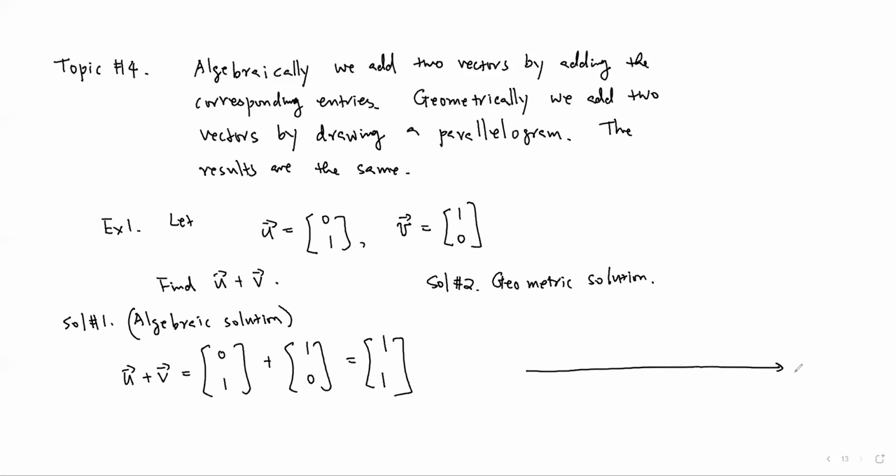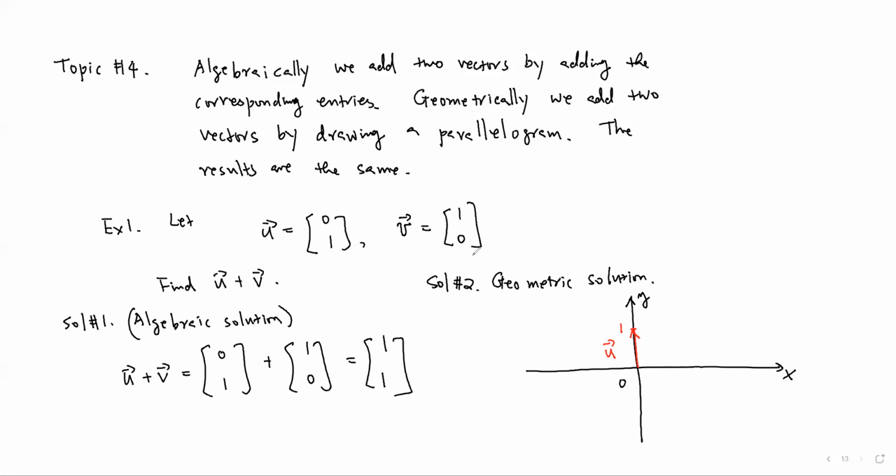X, Y, 0. Now let me plot vector u. The point is (0, 1). X is 0, Y is 1, about here. So the arrow, yeah, this red arrow is vector u.